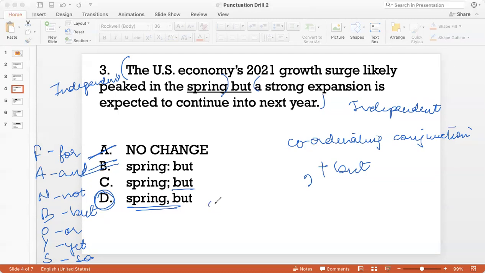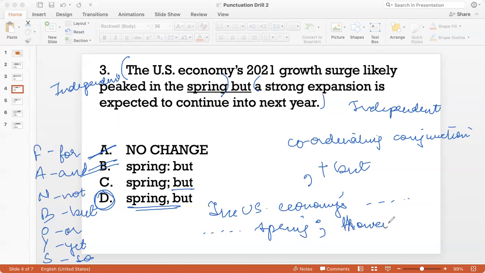So if it said the US economy's 2021 growth surge likely peaked in the spring; however, a strong expansion... This is also correct because we use a connector that belongs to the second sentence, which makes the second sentence a complete sentence, an independent clause, and I can join the two independent clauses with a semicolon.